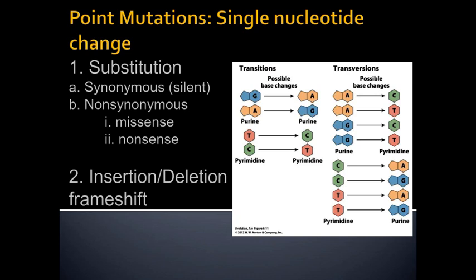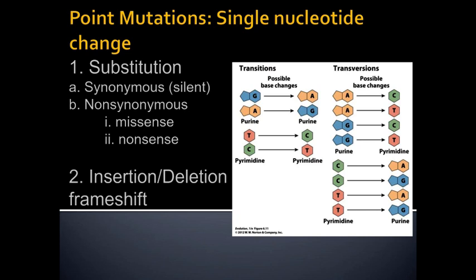Now, let me give you an example of a synonymous mutation. We talked about it earlier. So if you remember, if you look back at the genetic code, CCC, cytosine, cytosine, cytosine, those three in a row code for proline, which is an amino acid. And this is weird because nucleic acids and amino acids have very similar sounding names.